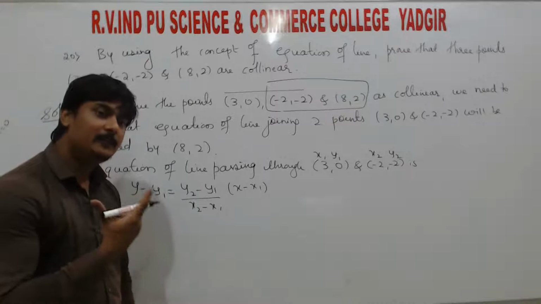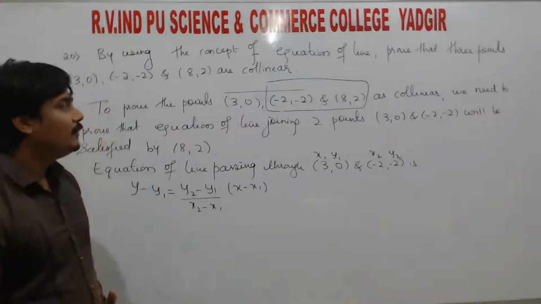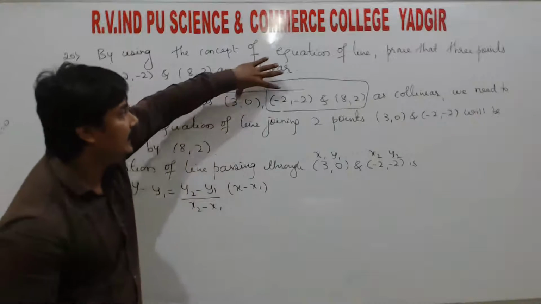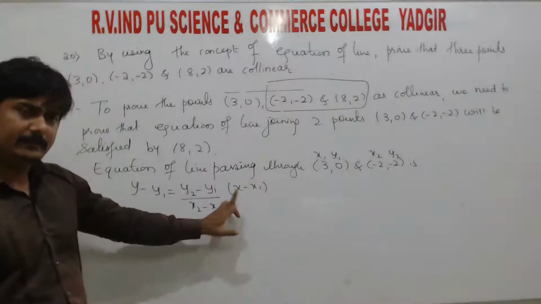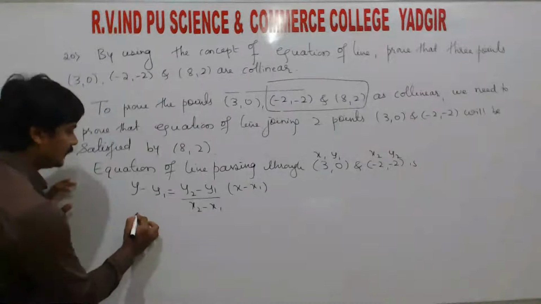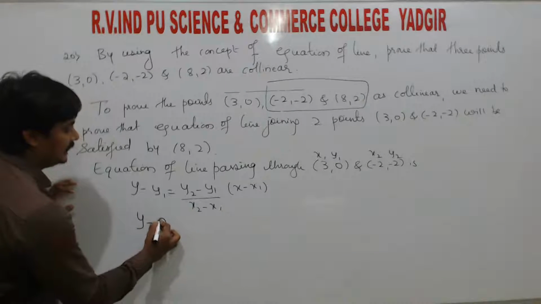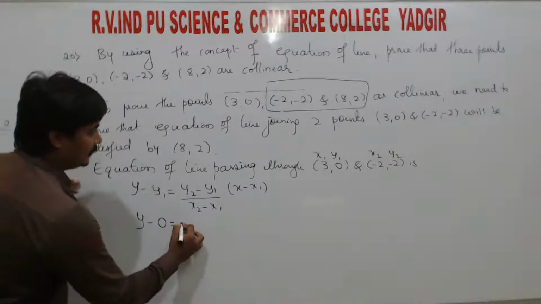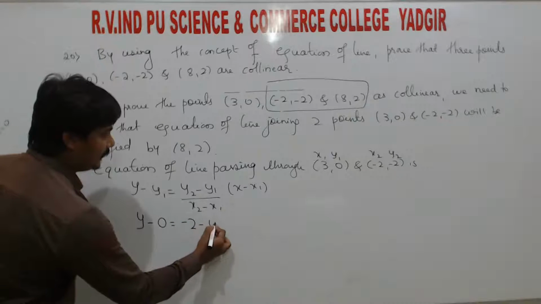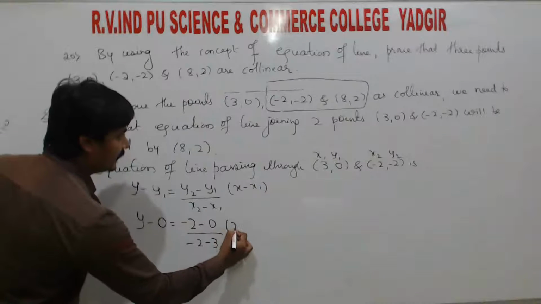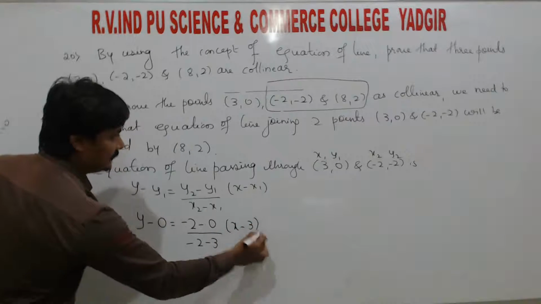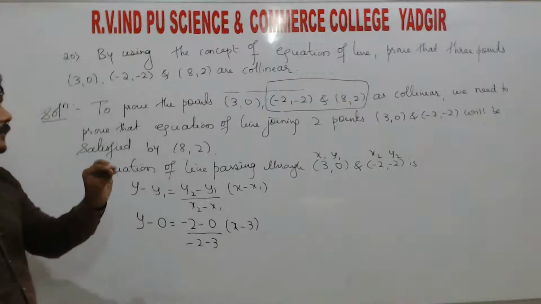Why we are using 2 point form? Because we know that if we are having 2 points, we can find out the equation of straight line using this particular formula. Okay, so y minus y1 is 0 equal to y2 minus y1 divided by x2 minus x1 into x minus x1. Put the digits in place of x1 y1 x2 y2.